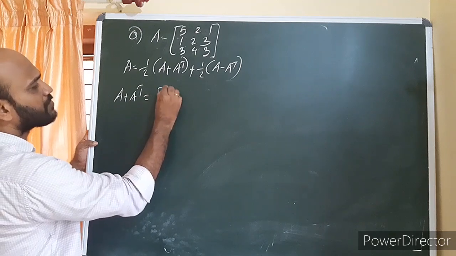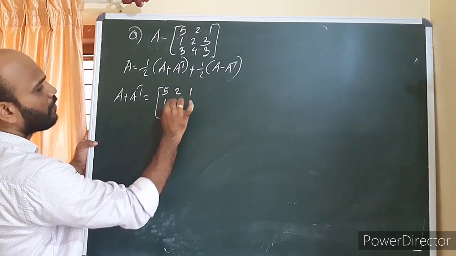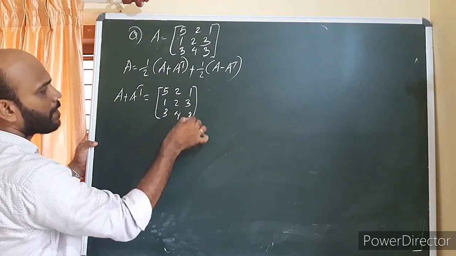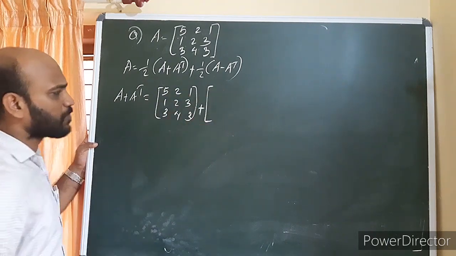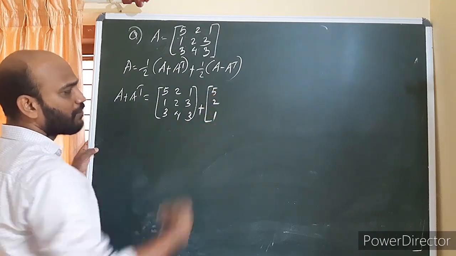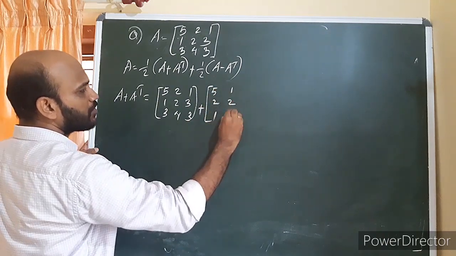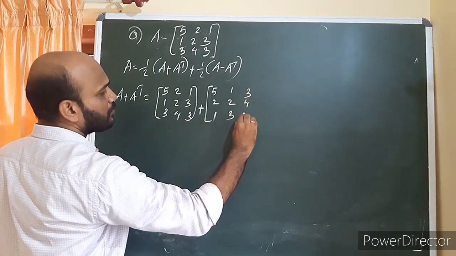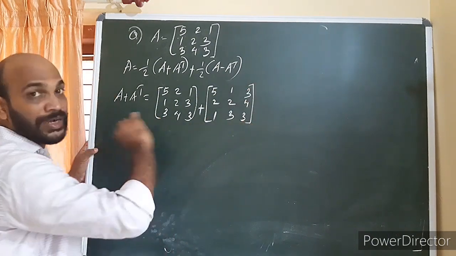So our A is 5, 2, 1, 1, 2, 3, 3, 4, 3 plus A transpose, means transpose of this matrix. So first row changes to first column, second row changes to second column, and third row changes to third column. Now we have to add.